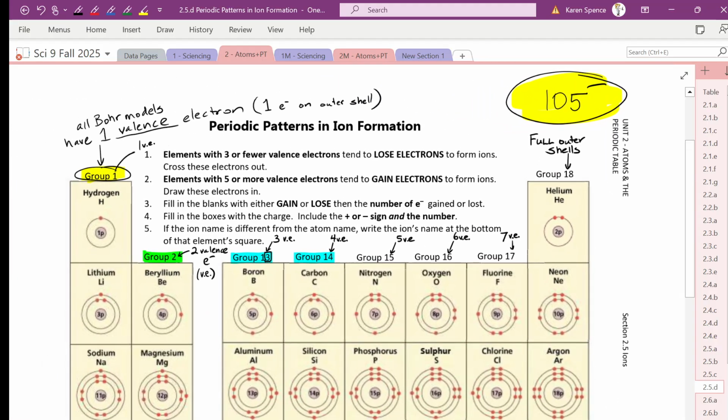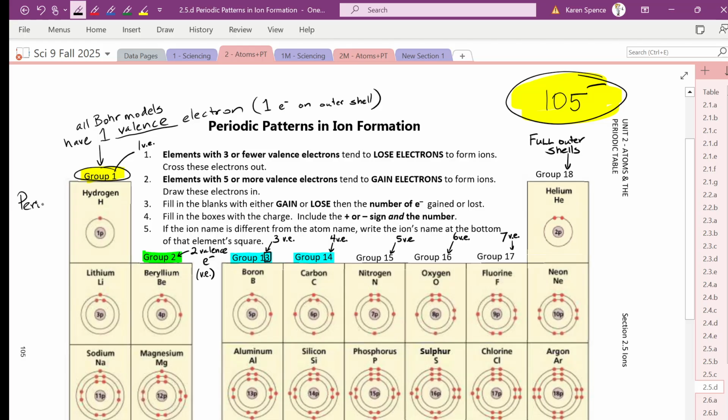How many elements are in period 1, Ryan? 2, absolutely. And how many electrons does it take to fill shell number 1? 2. How many electrons does it take to fill shell number 2? 8. How many elements in row number 2? 8. How many electrons to fill shell number 3? 8. How many elements in row number 3?